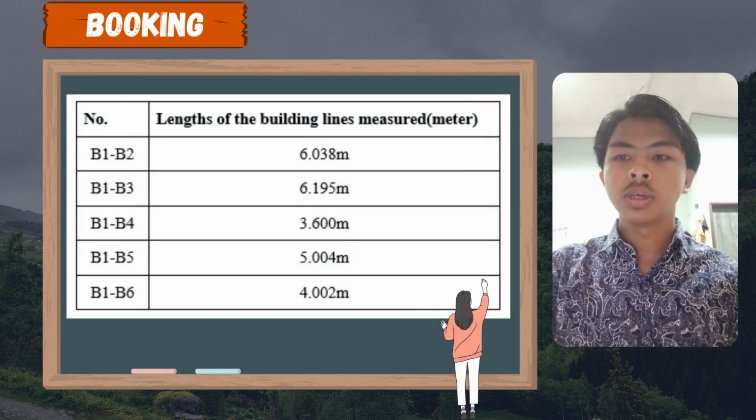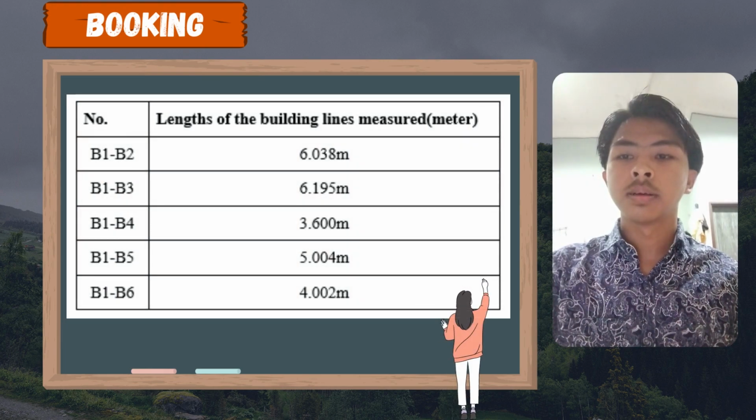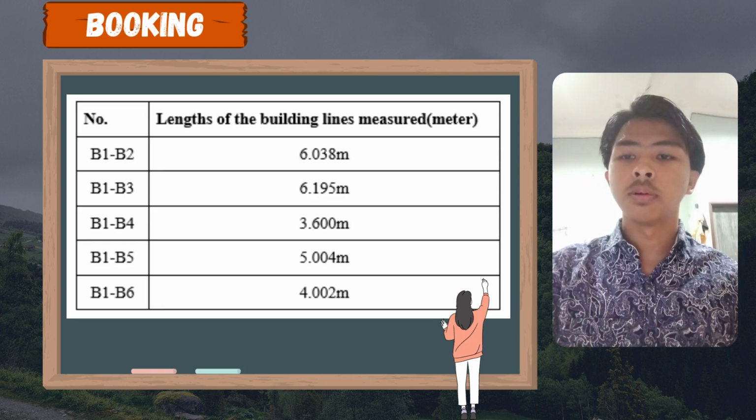Okay, for the booking, we look at the table. Here, for the first column, we put the line of the building. And then the second column is about the length of the building line that has been measured.